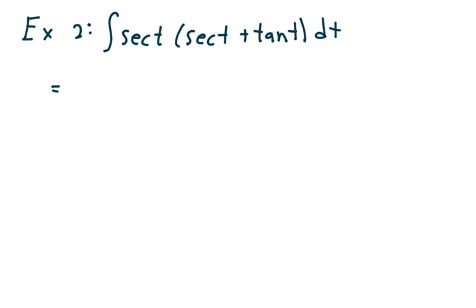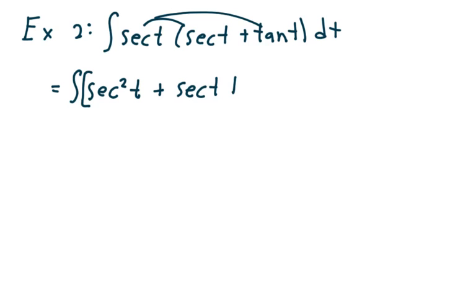Now, what I would do is distribute the secant inside. And so I get the integral of secant t. And notice my use of these brackets, right? Because I'm taking the integral of the whole thing. And so let me actually write secant t times secant t is secant squared t plus secant t tangent t dt.